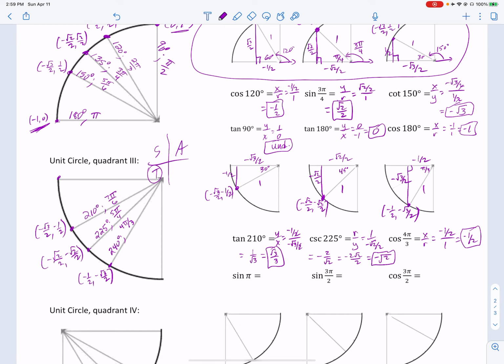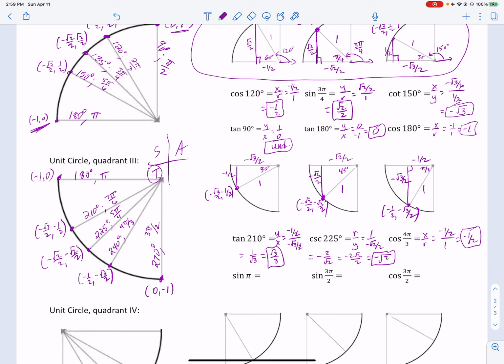Then we also still have our quadrantal angles, 180 degrees and pi radians, negative 1, 0. And right here we have the point 0, negative 1, and that goes with 270 degrees, or 3 sets of 90, 3 pi halves.